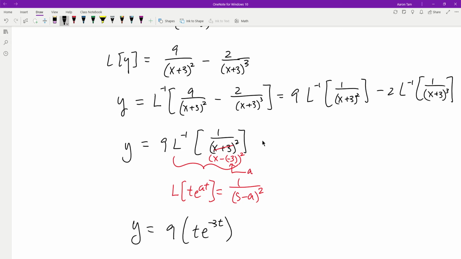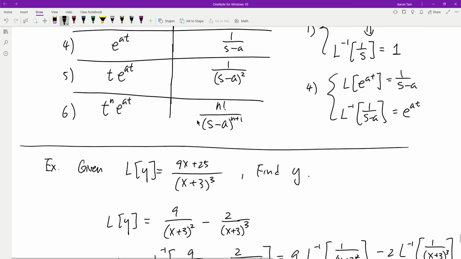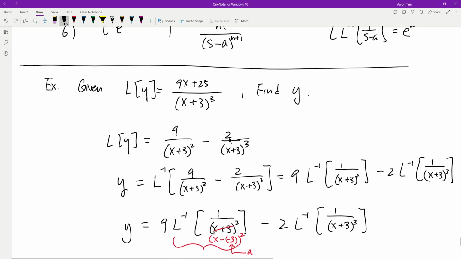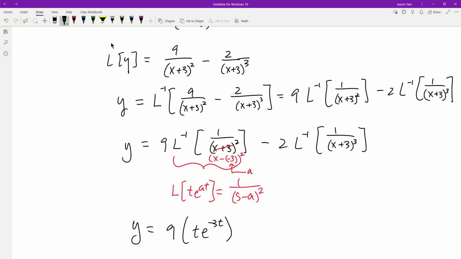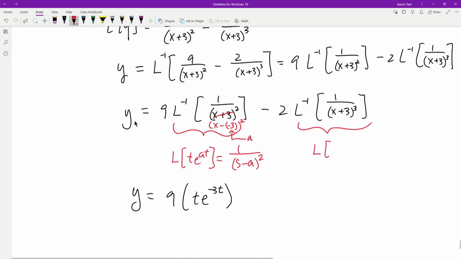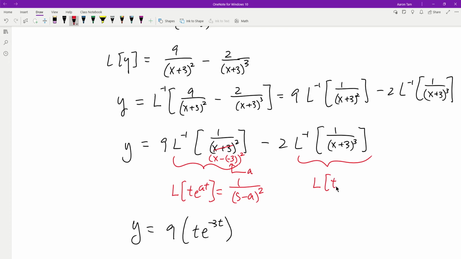Now comes the next problem. What do I do with this part? That looks like this formula right here, which I'm going to write down. This seems to me like the Laplace transform of t to the n times e to the at equals n factorial over (s minus a) to the n plus 1.